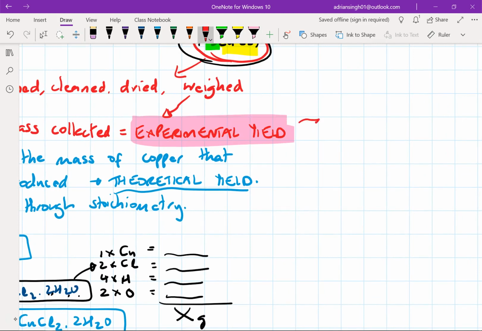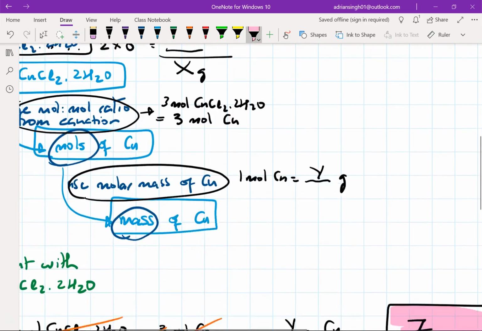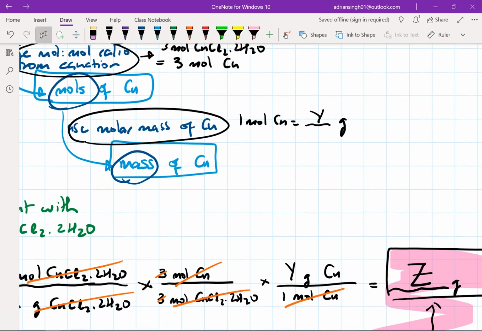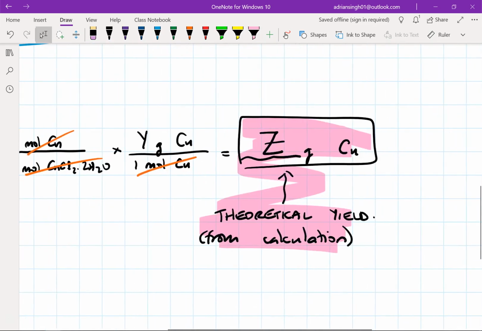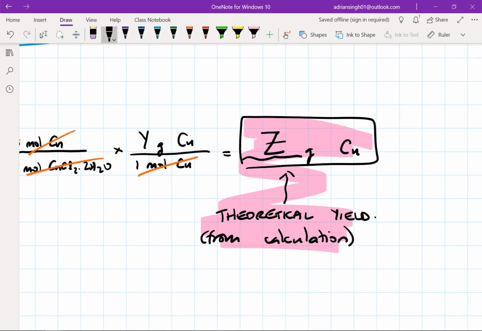So let's say, for example, you collected 0.79 grams of copper. That's your experimental yield. And then through the stoichiometry calculation, you determine that you should have collected, let's say, 0.95 grams of Cu.